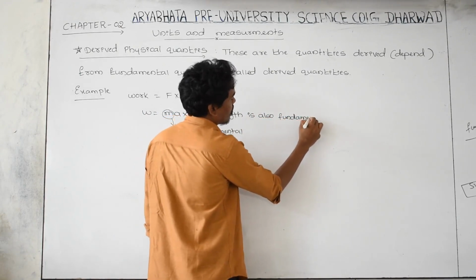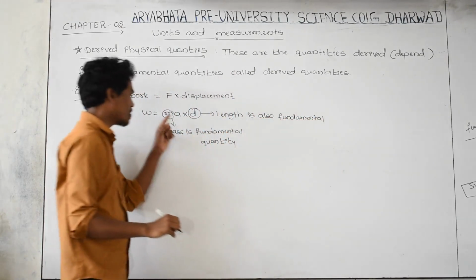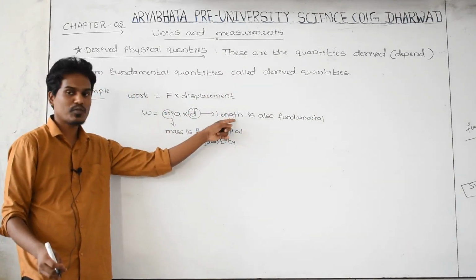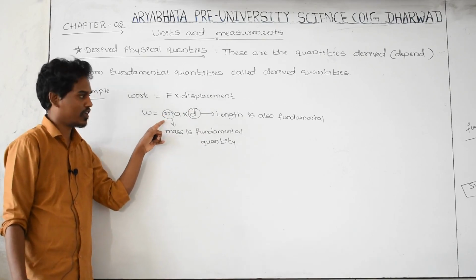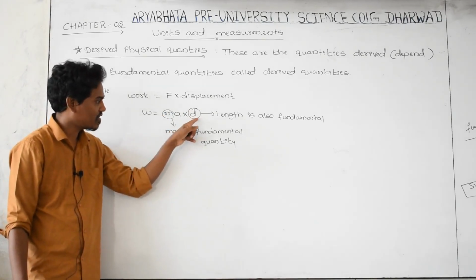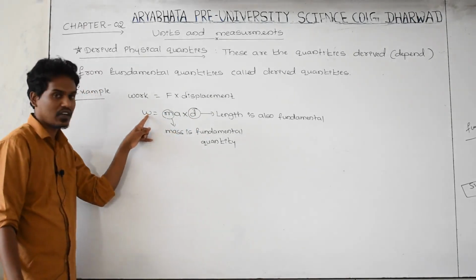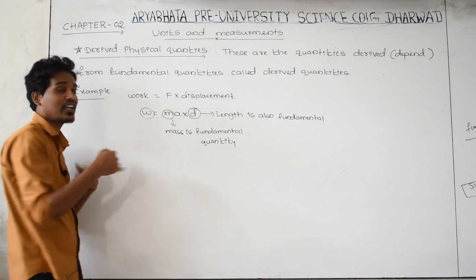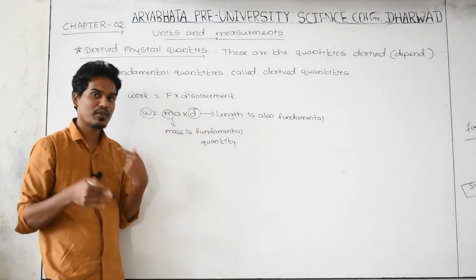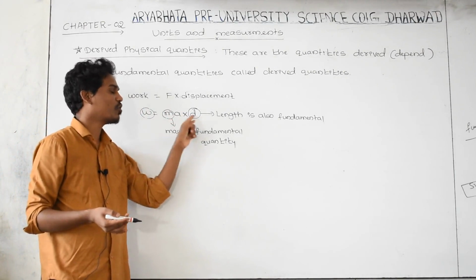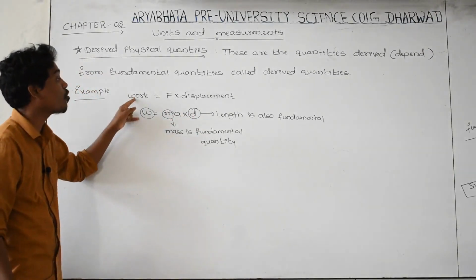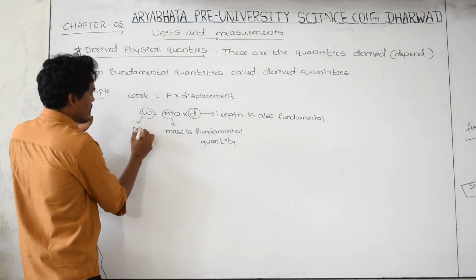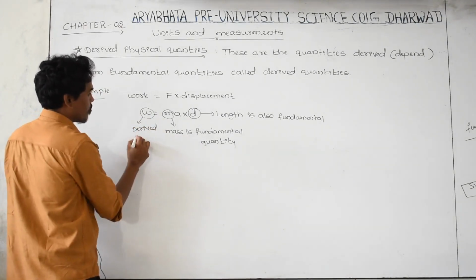As you know very well, length is a fundamental quantity, mass is also a fundamental quantity. Without mass and length, can you express the work? Highly impossible. That's why it is a derived quantity, because it is depending upon fundamental quantities, which are mass and length. Without these fundamental quantities, it is highly impossible to express the quantity as work. That's why work is a derived quantity.